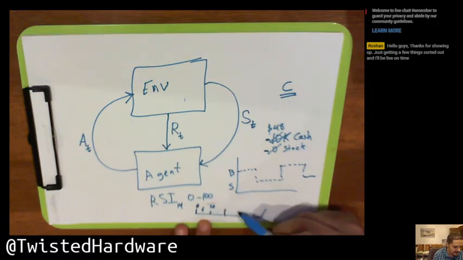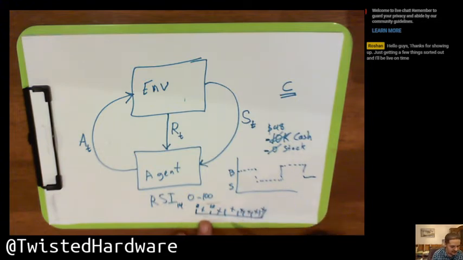I will basically split the 100 into 10 intervals, and I will say which interval the RSI falls into. So my state for today's RSI is going to be one number only. It will be either 0, 1, 2, 3, 4, one of these numbers, representing the 10 intervals that we have between 0 and 100.